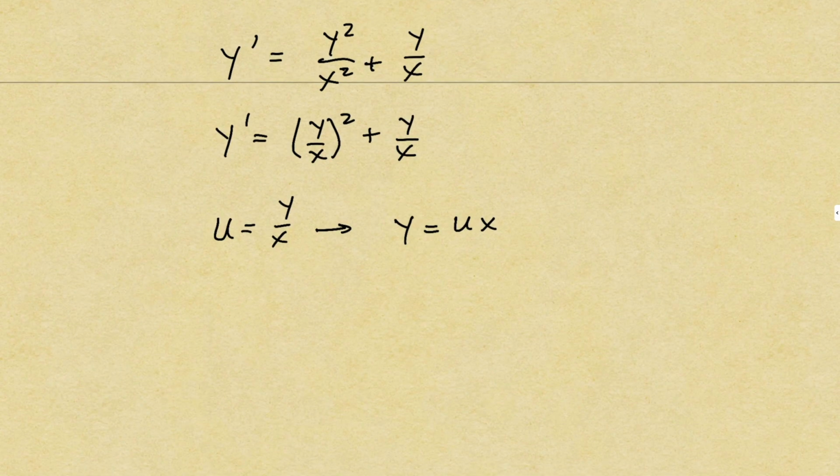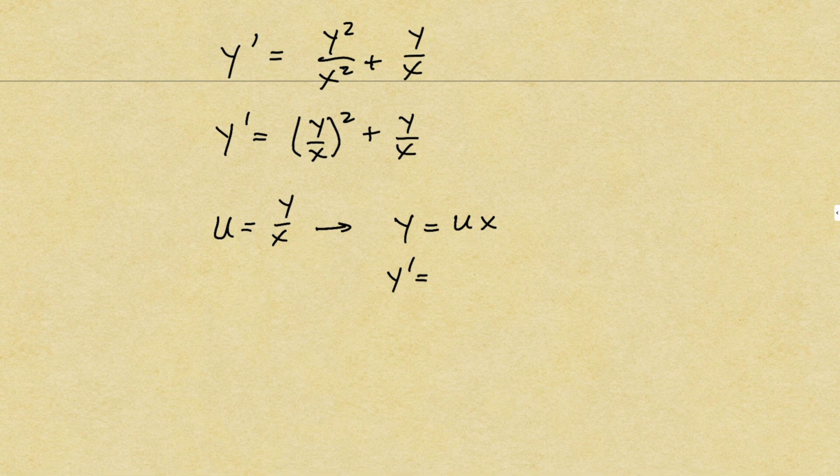We remember that y is a function of x. Therefore, on the left-hand side, it becomes y prime. On the right-hand side, we have to use the product rule because u is also a function of x. So it becomes u prime x plus u. So now we have everything we need.